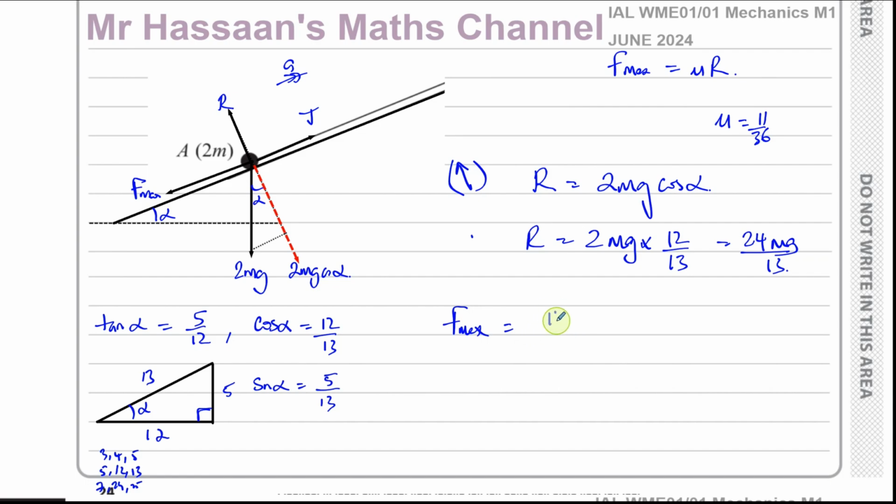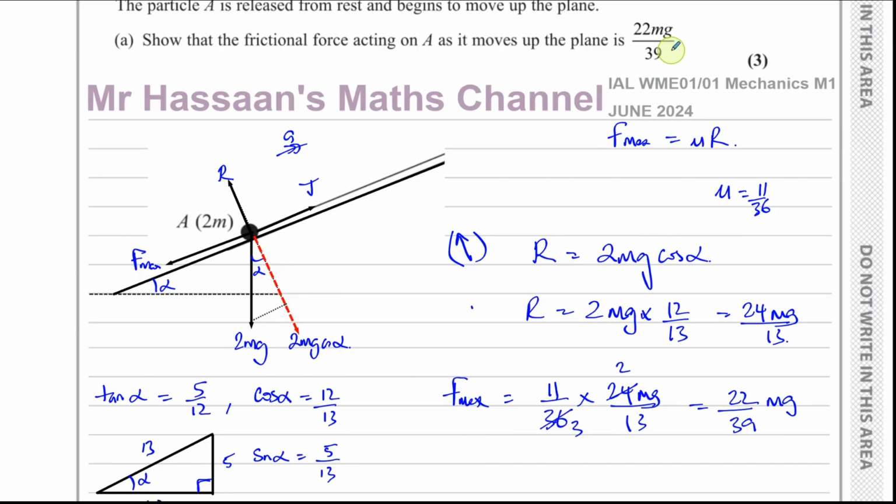That's equal to mu, which is 11 over 36, times R, which is 24 mg over 13. Now 12 goes into 24 twice, 12 goes into 36 3 times, 11 times 2 is 22, 3 times 13 is 39, so it's 22 over 39 mg, and that's what we had to show.